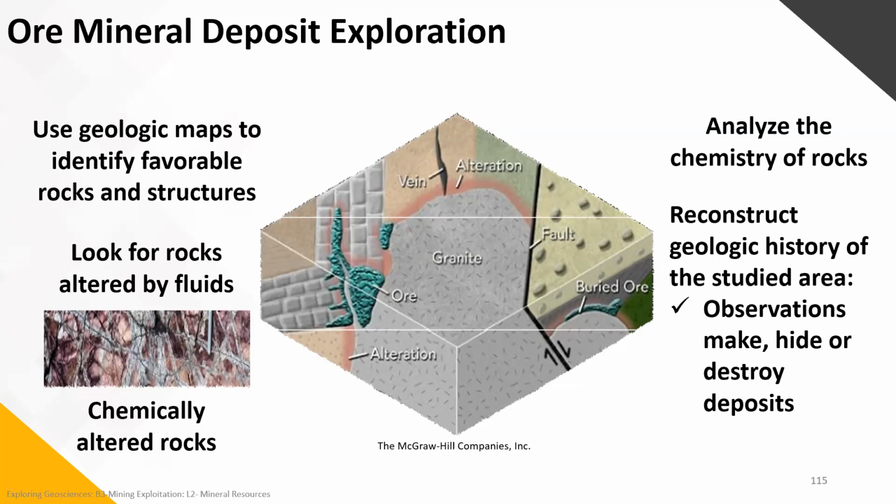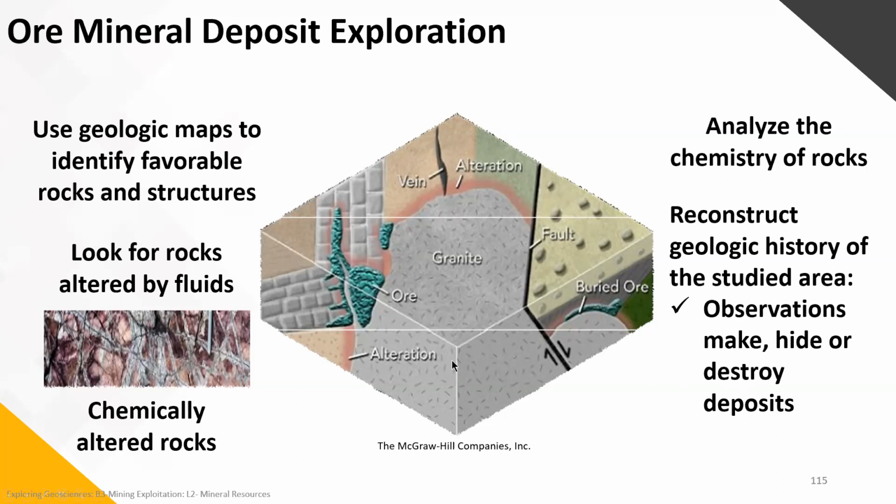So a geologist is like a detective who will use all their observations to reconstruct an area's geological history and try to discover new mineral deposits. It is basically a reconstruction of the geological history of the area, using observations to understand what made, hid, or destroyed deposits. Some observations can also say, no, in this area I cannot find any deposit.